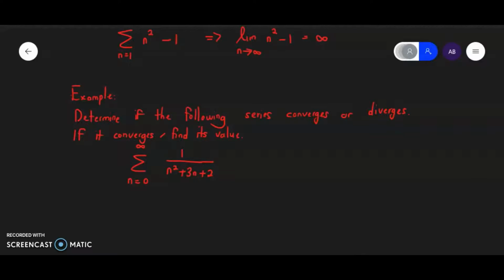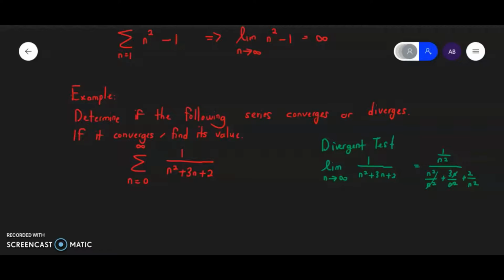By the divergent test, let's do a quick divergent test. Take the limit as n approaches infinity of the term an, 1 over n squared plus 3n plus 2. Divide by the denominator's highest power, n squared: n squared over n squared is 1, 3n over n squared is 3 over n, and 2 over n squared.